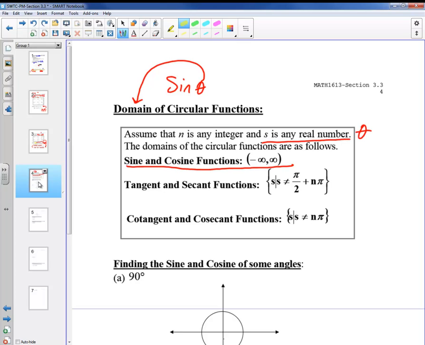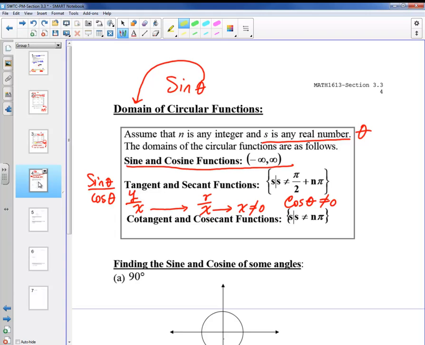Now, tangent and secant are a little bit different. Remember, by definition, tangent is y over x, and secant is actually r over x. Whether we have a unit circle or not, this is saying that x cannot be equal to 0. Now, if we look at tangent as sine of theta over cosine of theta, and secant as 1 over cosine, this is saying that cosine of s or theta, whatever you want to use, cannot be equal to 0.